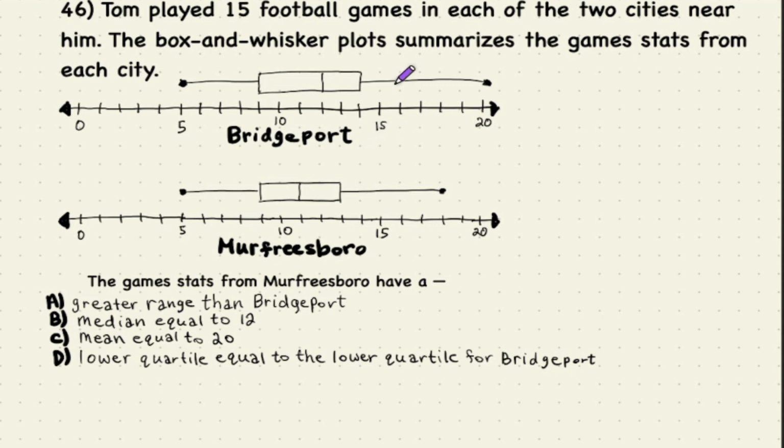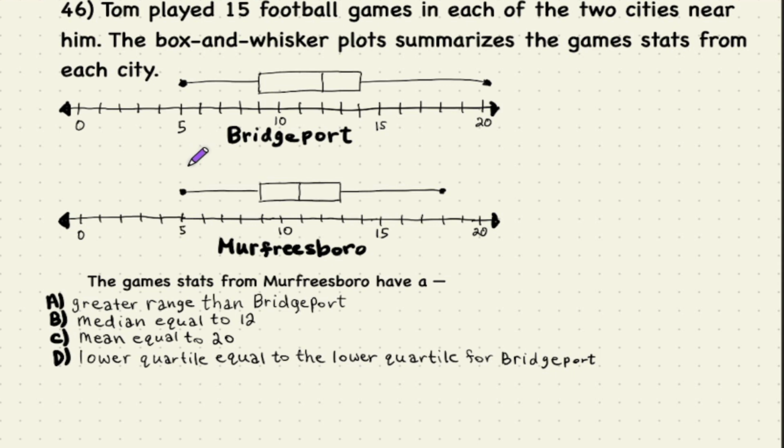So as it states here, we need to determine which is the correct answer choice, right? Because like I said, the box and whisker plot summarizes these game stats here. So if you take a look at the lower quartile for each one, for each city, they're both at 5.